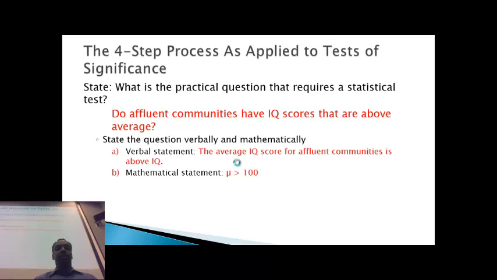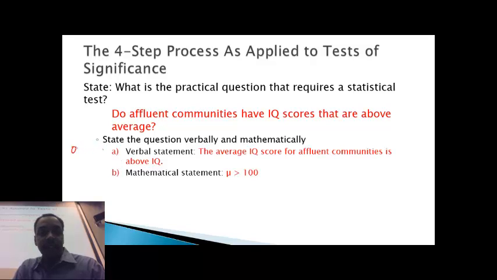So the first question is, do affluent communities have IQ scores that are above average? That's what we're looking to prove, if you will. And this is just me being explicit.